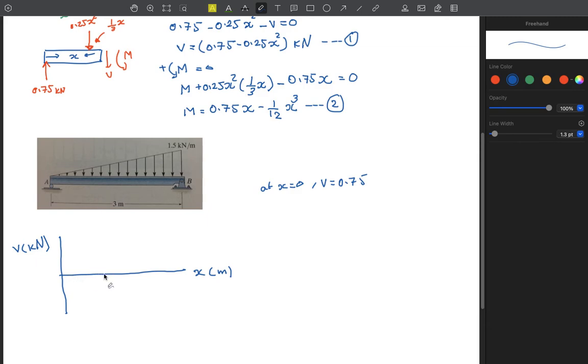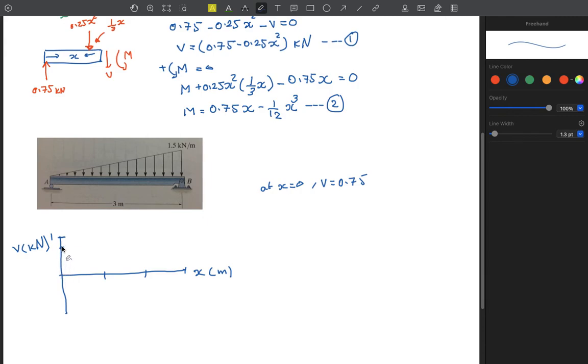Let's just draw it like 1, 2, 3, and 1, 2, 3. Okay, 1, 2, 3 meters. So at 0 you have, let's say this is, I don't know, this is 1, for example. So at 0 you have 0.75 here.